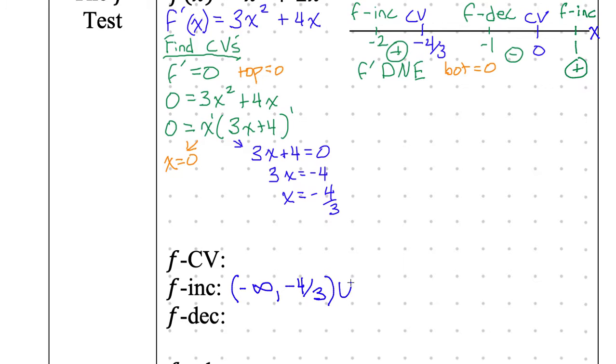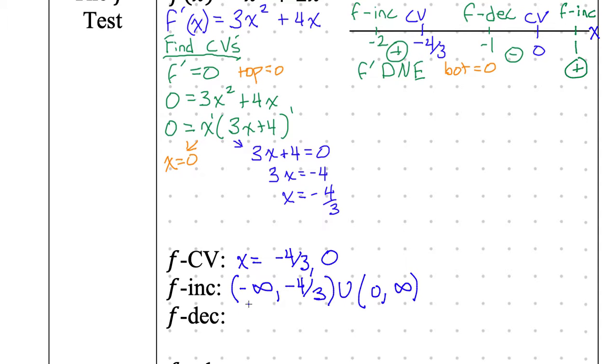Or, where else is it increasing? 0 to infinity. Where are our critical values? From 0 to negative 4/3. Oh, you're doing the decreasing? We'll do that in a sec. What are our critical values? Negative 4/3 and 0.